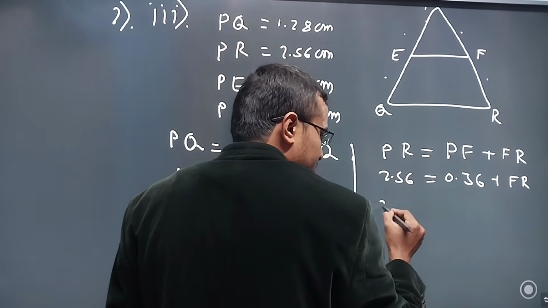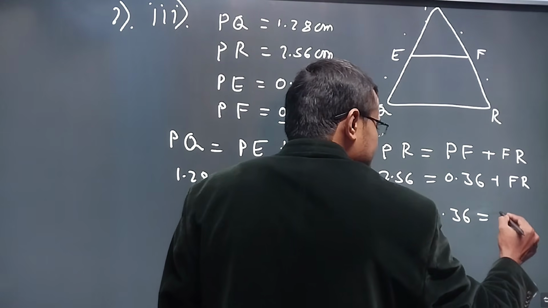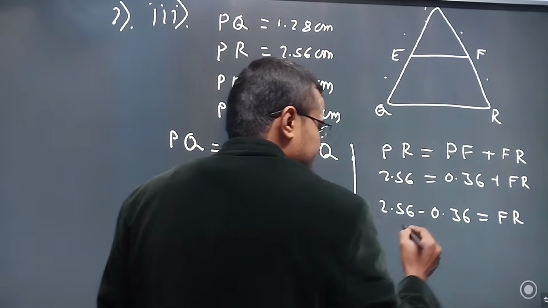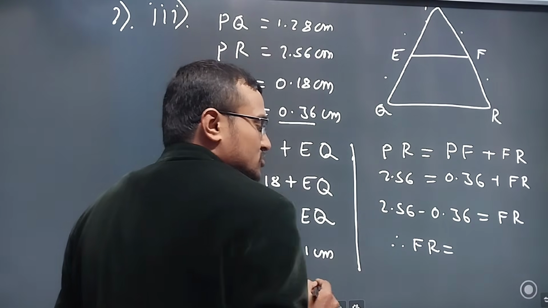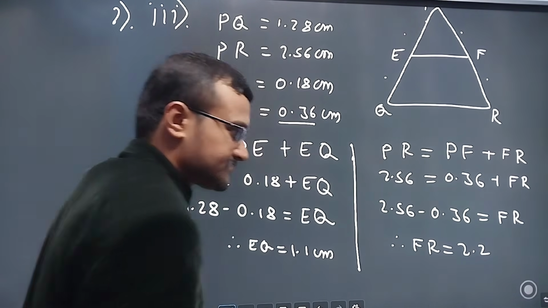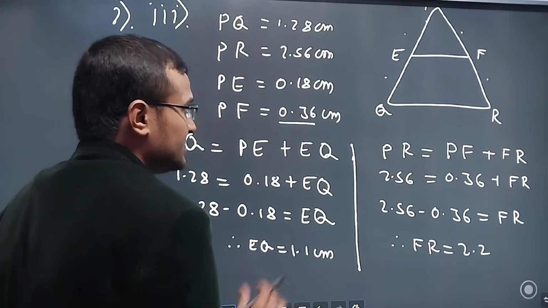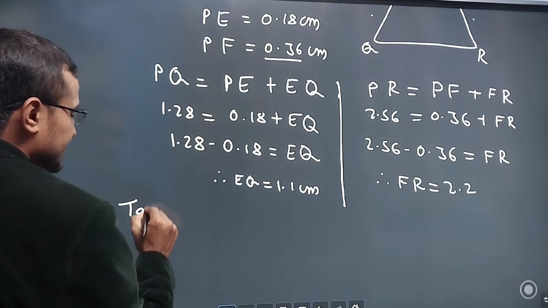So 0.36 if you bring to LHS, it becomes 2.56 minus 0.36 is equal to FR. So therefore FR is equal to 2.56 minus 0.36, that will give you 2.2. So now we have got EQ and FR.